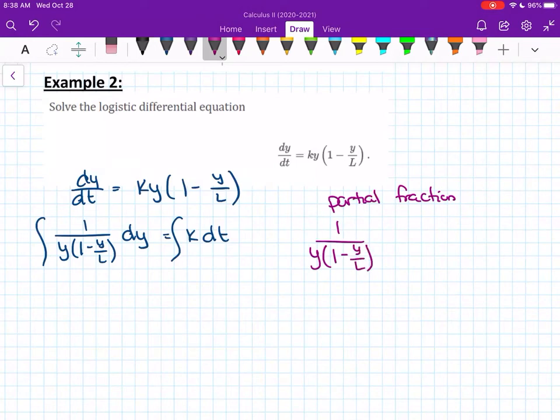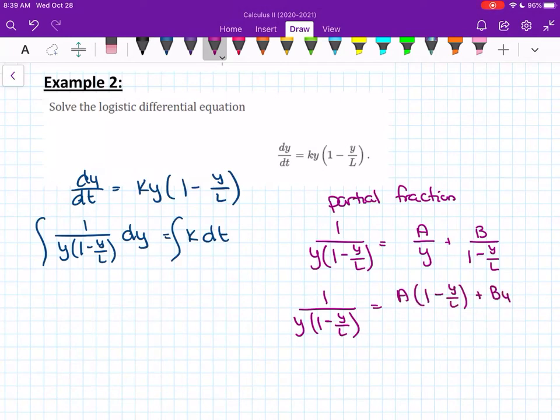If I have 1 over y times 1 minus y over L, and that equals, we want to find A over y plus B over 1 minus y over L. I'm going to find a common denominator on the right-hand side.